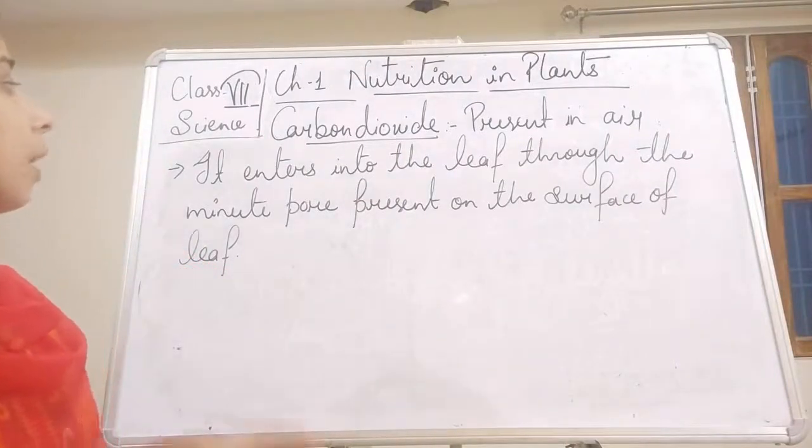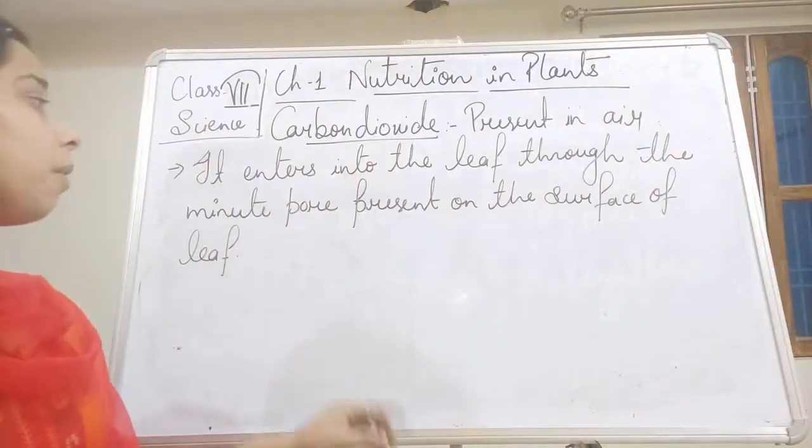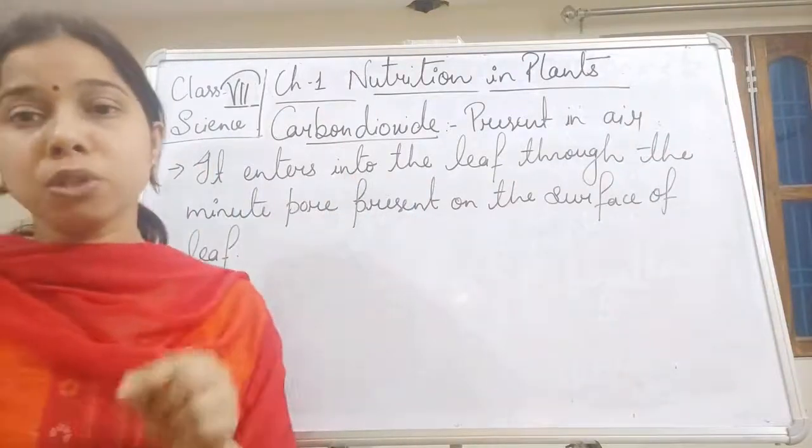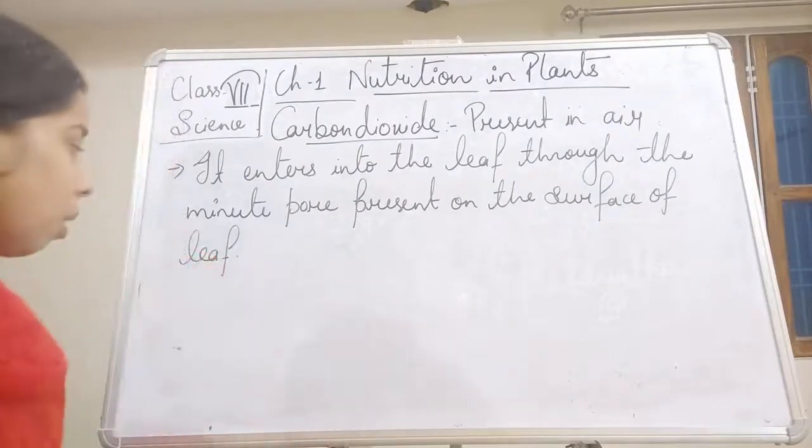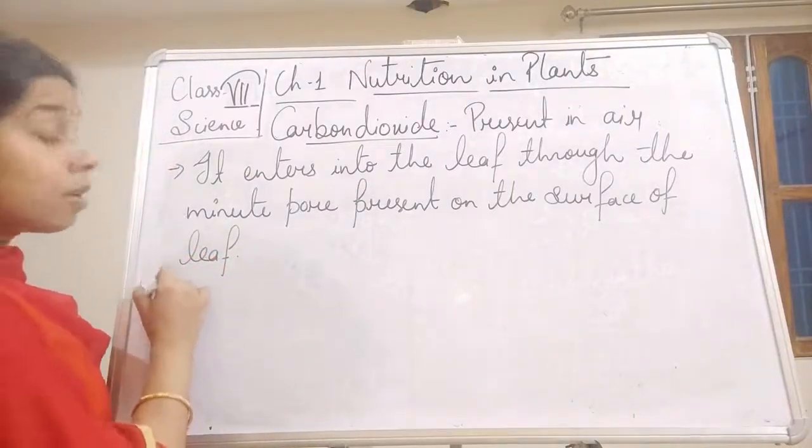Okay, so it enters into the leaf through the minute, small pores which are present on the surface of the leaf. We call these minute pores stomata.